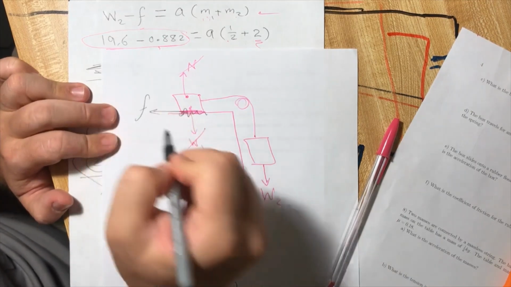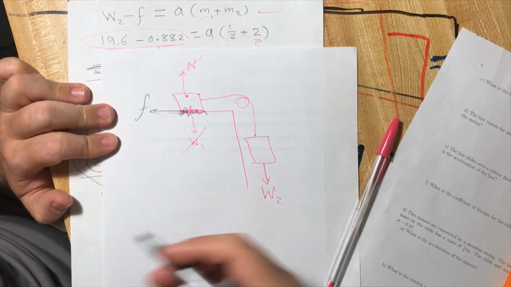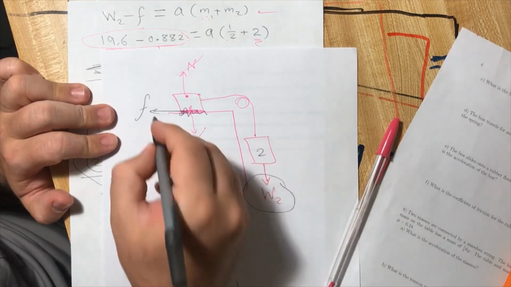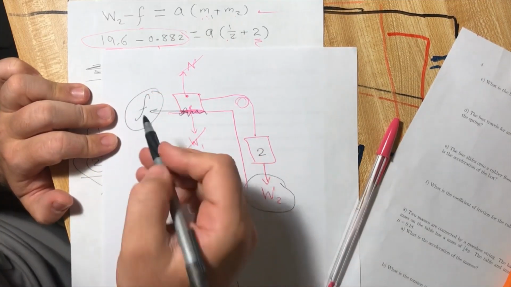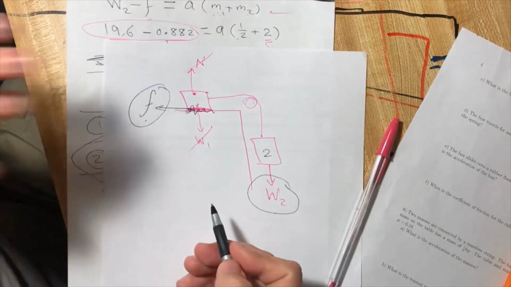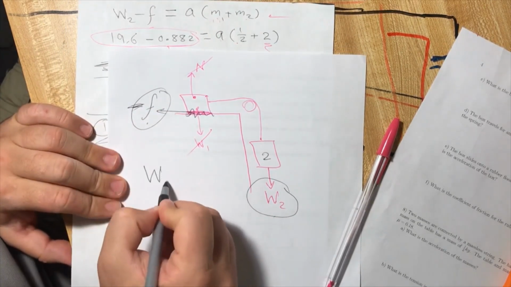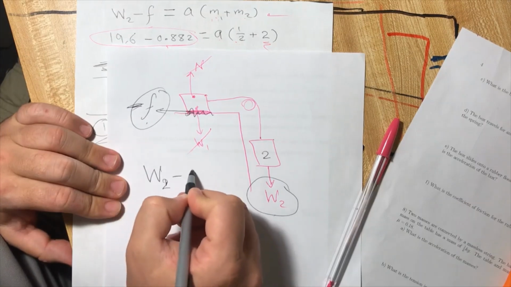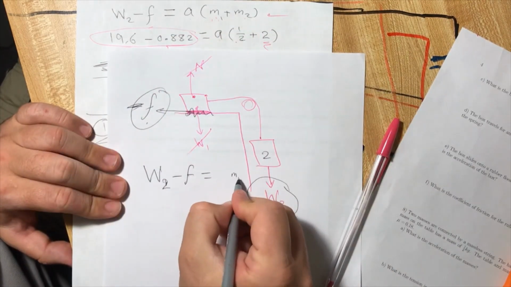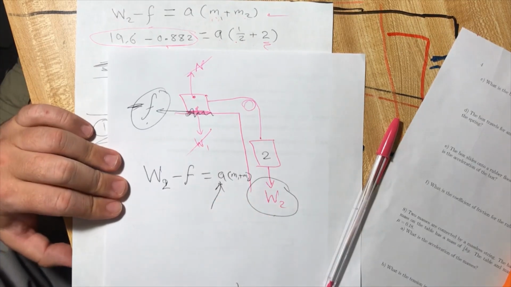So the effective external forces causing the acceleration are the weight of the second body plus the friction on the first body, but the friction is in the negative direction of our movement, so we have it with a minus sign. So the external forces W2 minus the friction force will be equal to the total system mass, m1 plus m2, multiplied by the acceleration. In this case, we compute the acceleration.